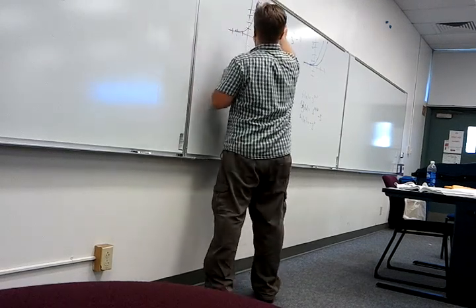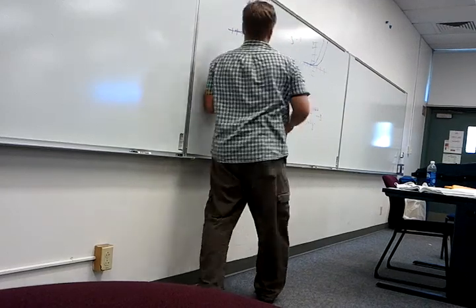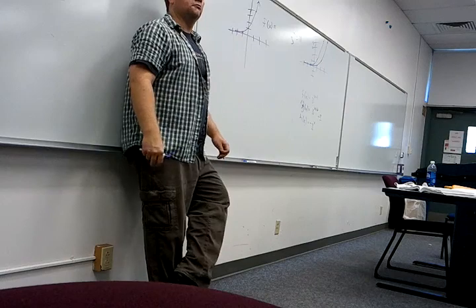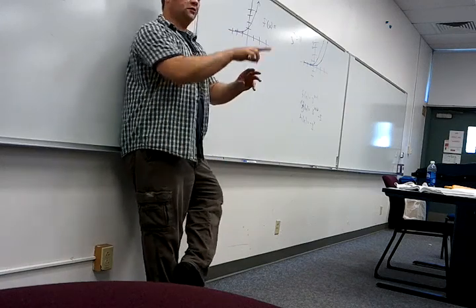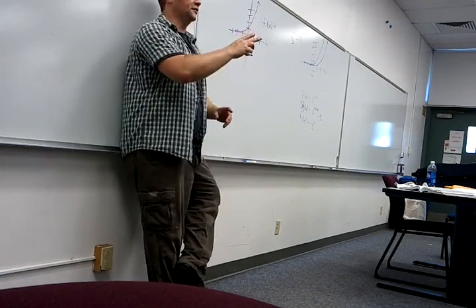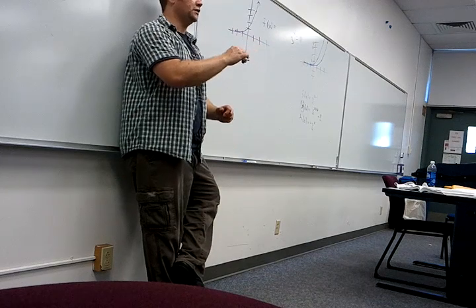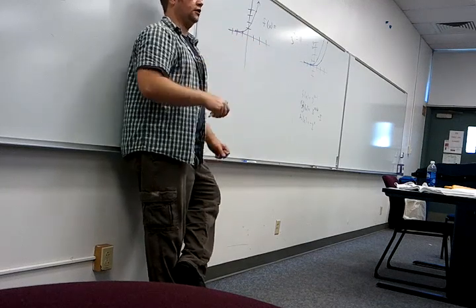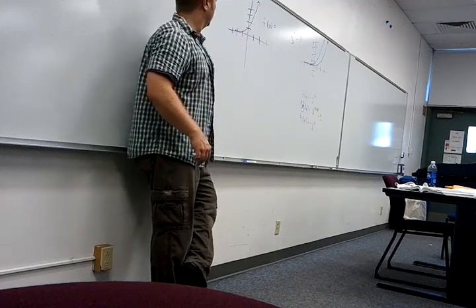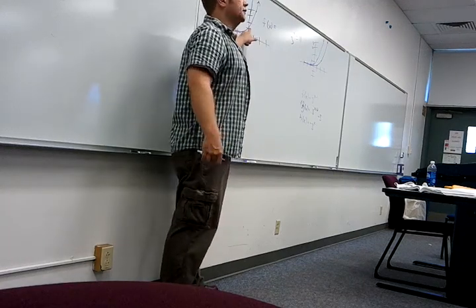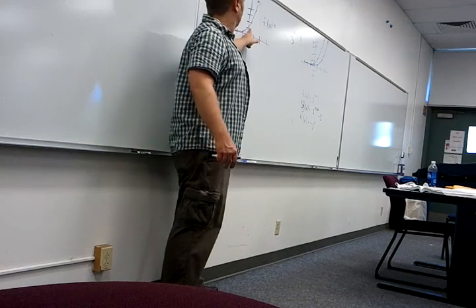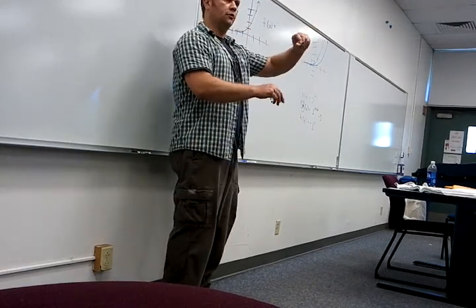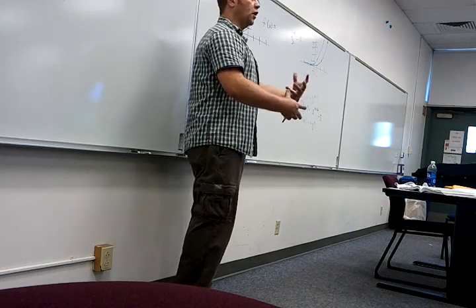Can anybody tell me what f of x is here? So it changes, so it has to be some function of x. What must that function be? So at 0, what is it? 1, right? So it hasn't been translated up or down, because when I raise anything to the 0 power, it's 1.